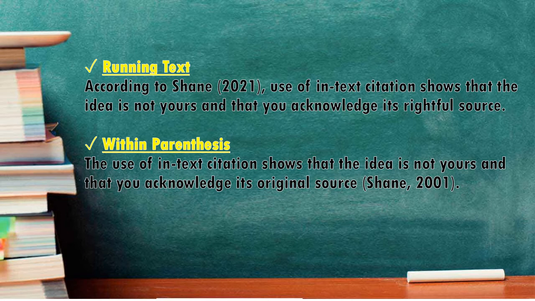And we have within parentheses. So the use of in-text citation shows that the idea is not yours and that you acknowledge its original sources, like this one with open and close parentheses, Shane 2001. So that is an example of running text and within parentheses.